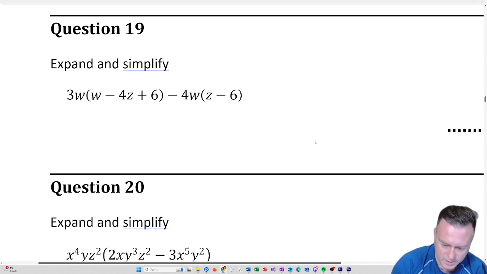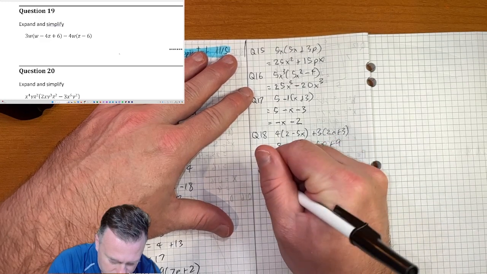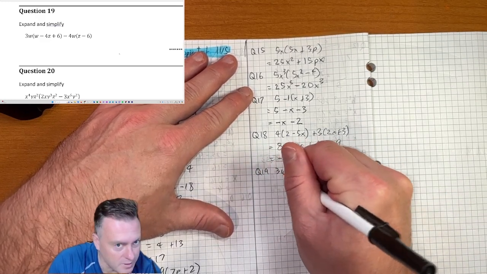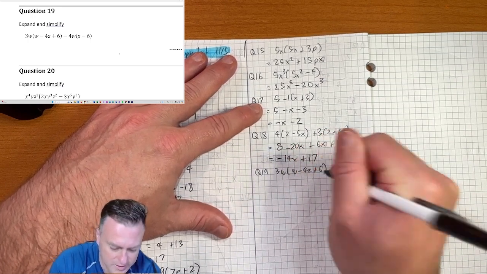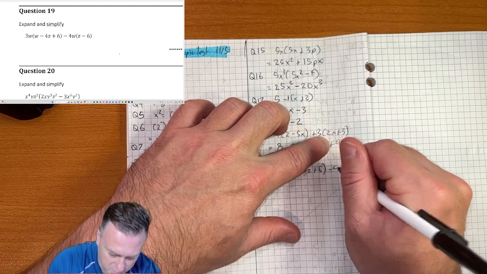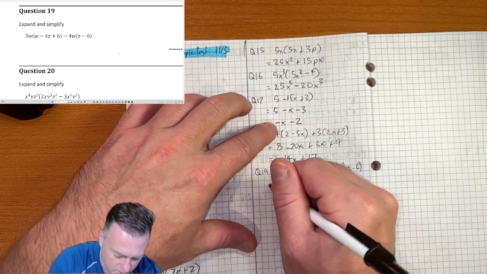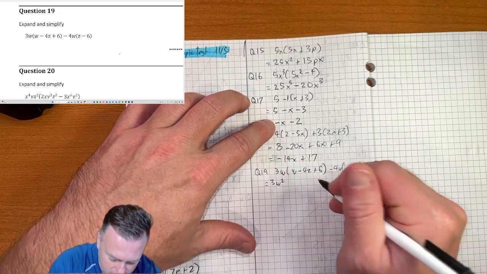Cool. It's question 19, a little bit harder. So we've got triple bracket, triple value inside there. We're going 3w times w minus 4z plus 6 minus 4w times z minus 6. So if we go through and expand it, 3w times that gives me 3w squared.